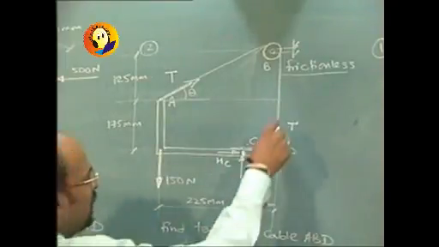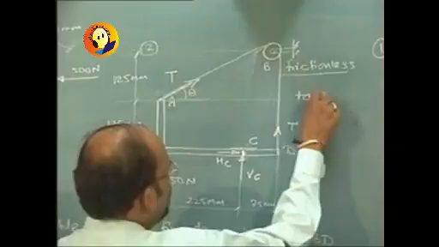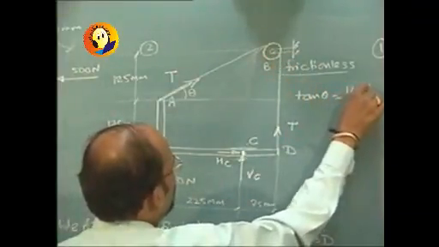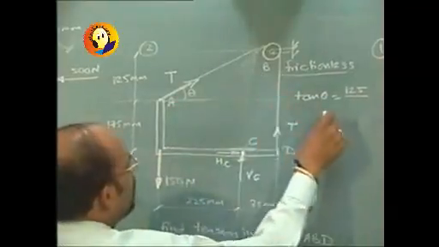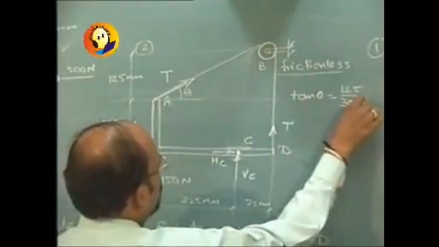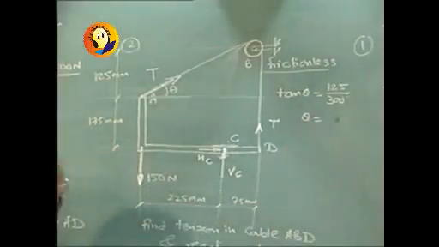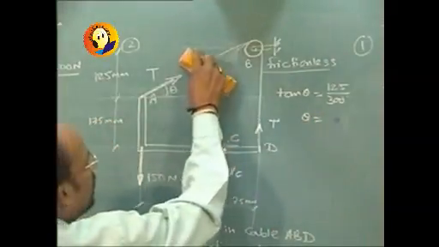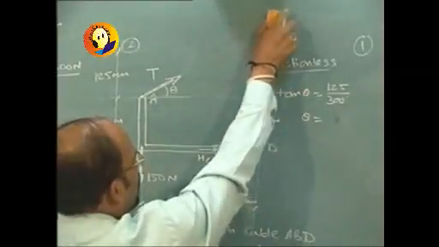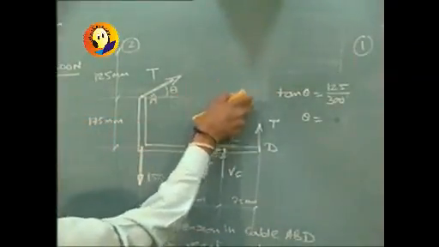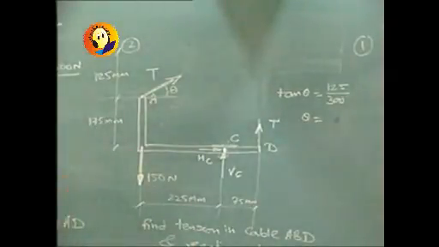So I can easily write tan theta is equal to opposite side, that is 125, upon adjacent side, which is 300. And so theta also can be calculated. And once we calculate theta, this part of the figure is of course not required. It will be the case of equilibrium among these forces.